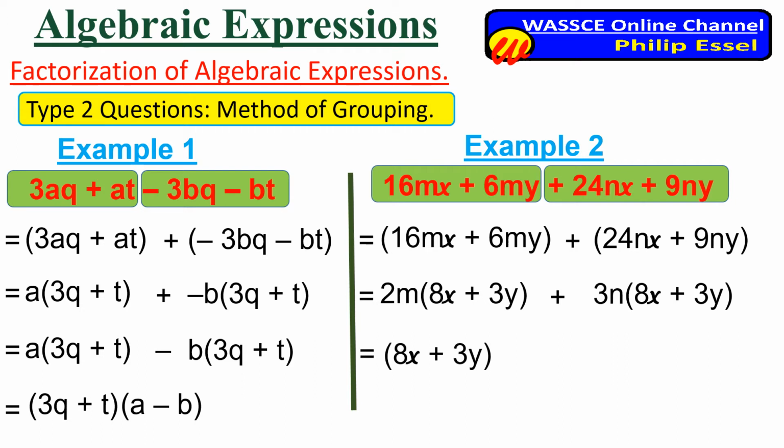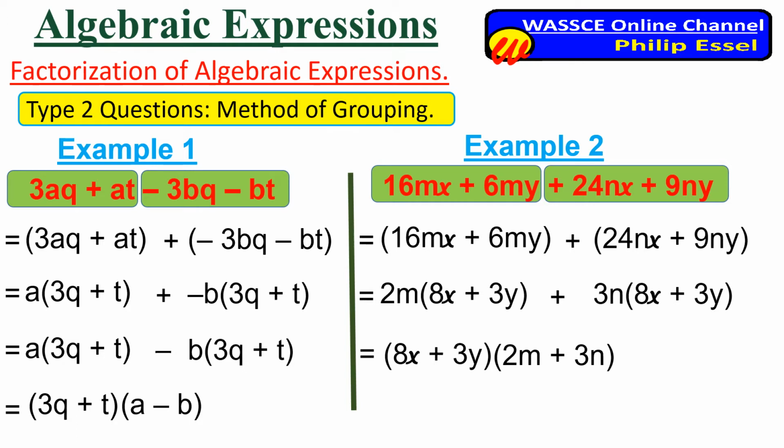The items outside of the bracket would also be merged together to form one factor. These items are 2m, and the other item is positive 3n. So when we merge them together, we would get one factor, which is 2m plus 3n, all of them in brackets.